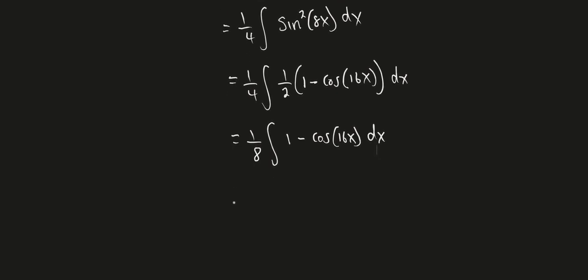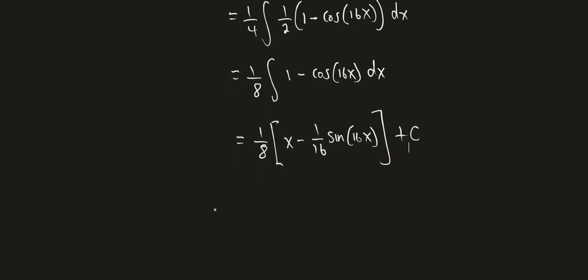All we have is cosine to the first power. And then let's write it down. So we end up having 1/8, and then the antiderivative of 1 is x. Antiderivative of minus cosine of 16x is minus 1/16 sine of 16x, and then our plus c. And if we distribute the 1/8, we will have 1/8 x minus 1 over, and what's that?